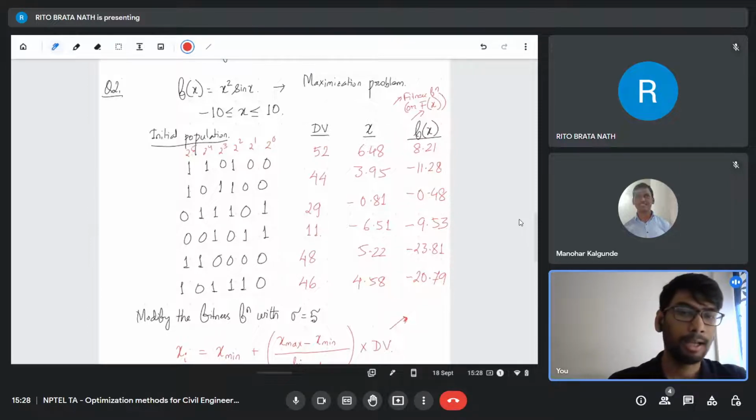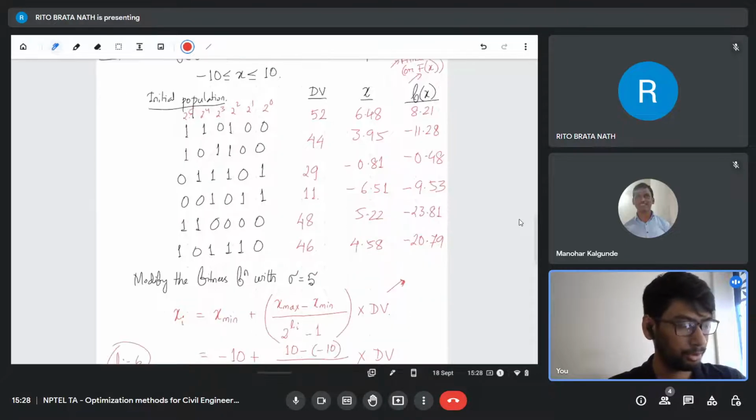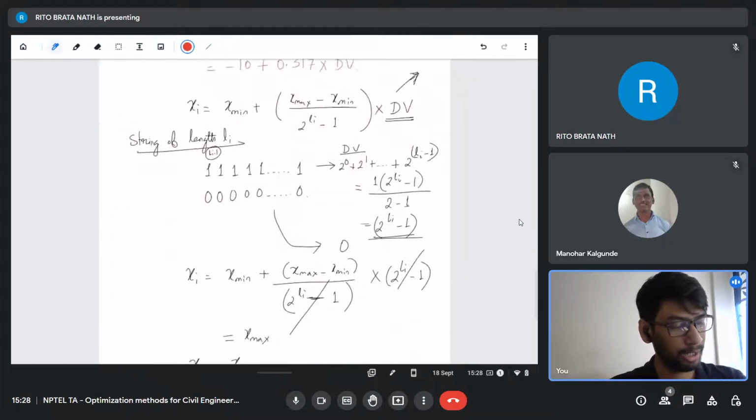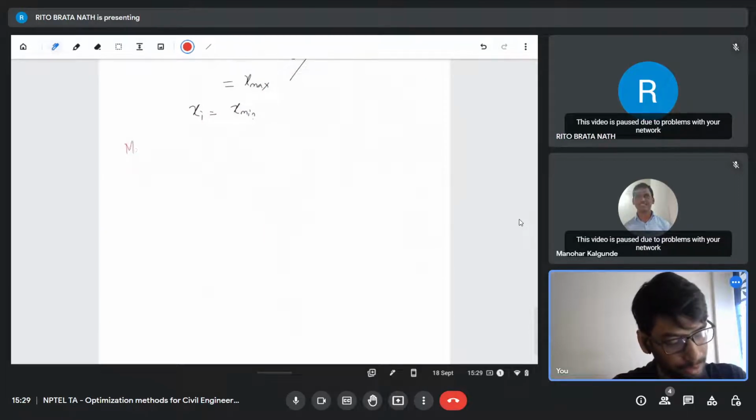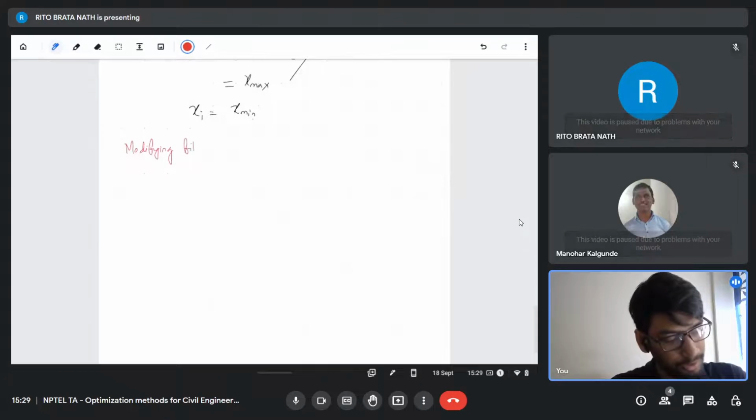All right. So for that, there are 2 to 3 concepts to modifying the fitness function. So let me write this. So modifying fitness functions.